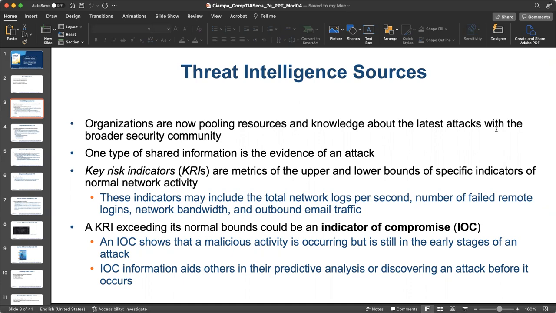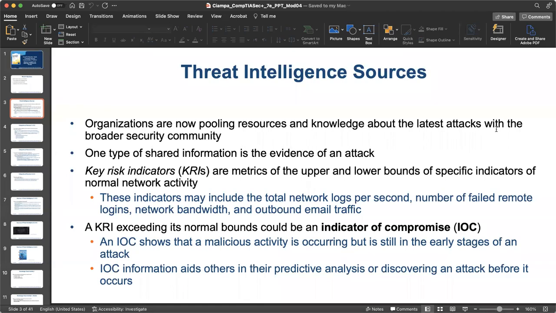So making the IOC information available to others can prove to be of high value, as it may indicate a common attack that other organizations are also experiencing or will experience soon, but they don't know anything about it yet. So if we found it in our network, it's always good to provide that to the community in the industry so everybody can get an understanding of it.